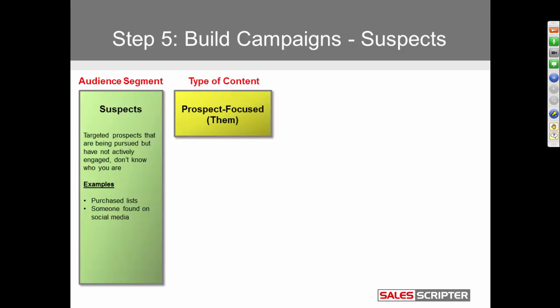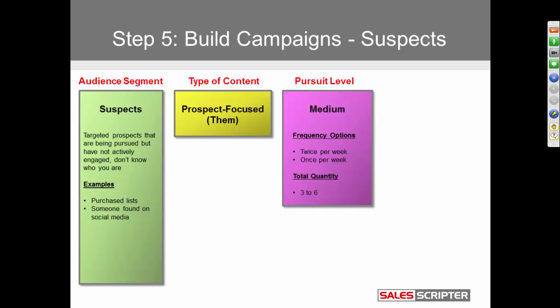Now the type of content that we want to send them is our prospect focused content. So this is content around problems that they might be experiencing, improvements they might be interested in making. The pursuit level, we're going to do a medium. And we're not going to do the persistent because we need to have a focused approach, but they're not qualified.